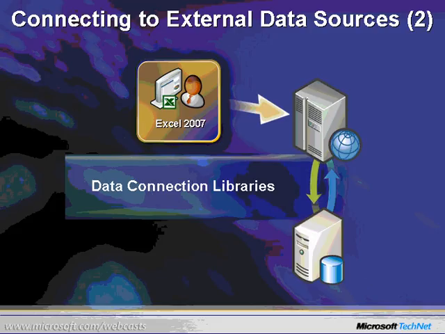Since the data connection libraries allow changes made to the external data source to automatically propagate and refresh to Excel 2007 and the Excel Services workbooks, those workbooks don't have to be updated manually, and that lends toward additional efficiencies and avoids potential errors and liabilities that you might run into.